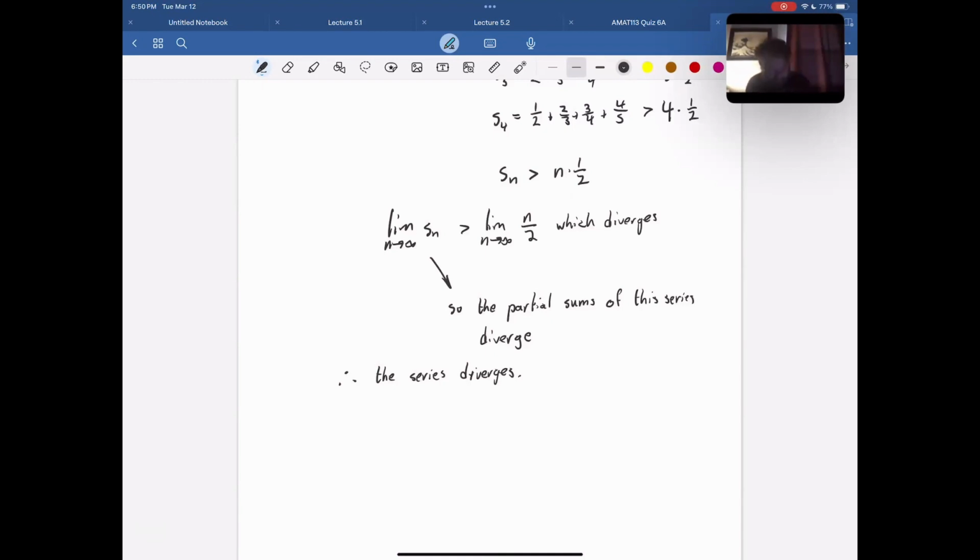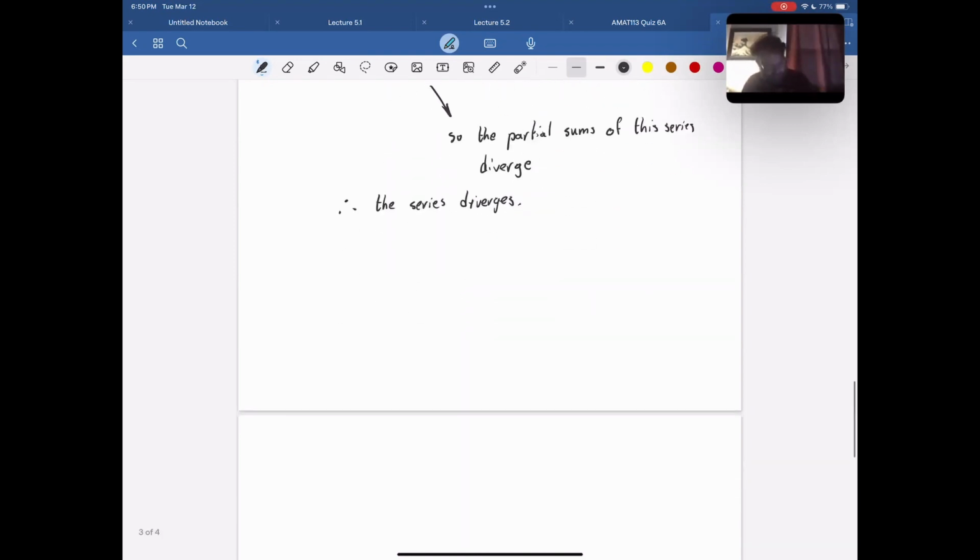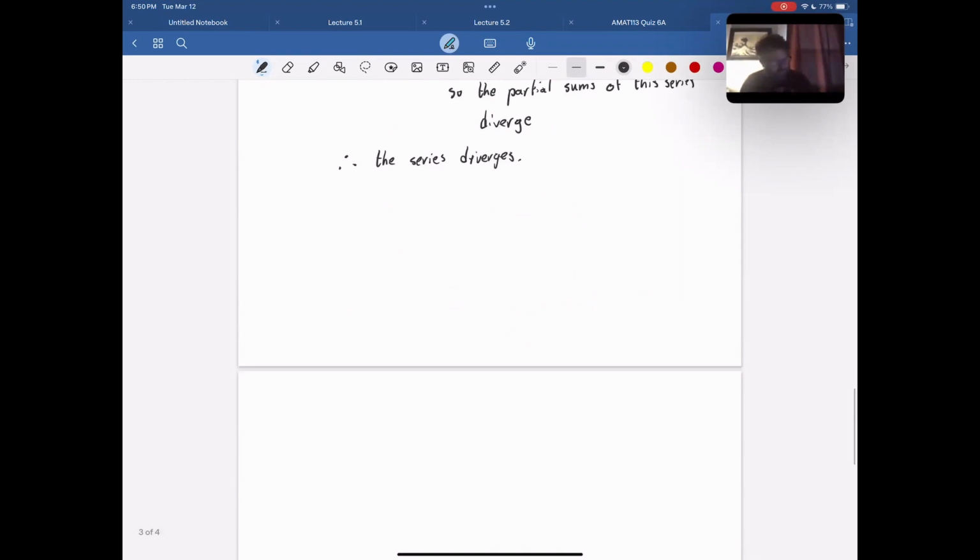Now let's take a look at some other series and then take a look at the behavior of them, right? The more examples you have under your belt, the better off you'll be. Right, so let's take a look at the series that is -1 to the n.